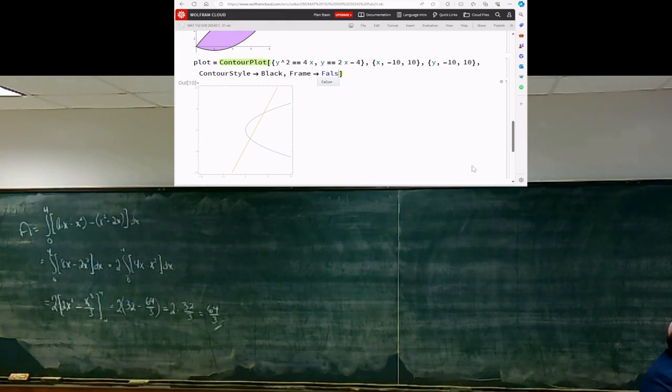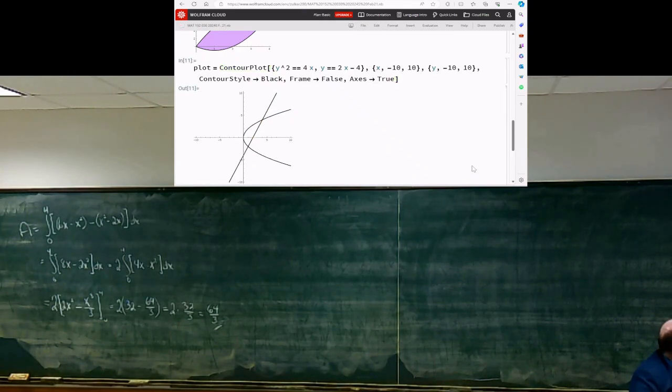So I'm going to turn the frame off. But I don't have axes. So I'm going to turn axes on. That should be good. Perfect. That now gets it looking like what we're used to.